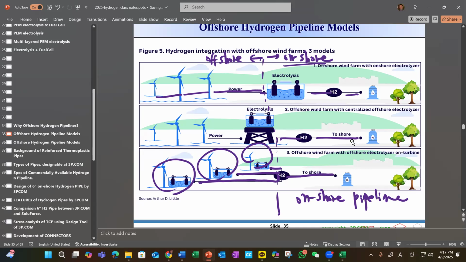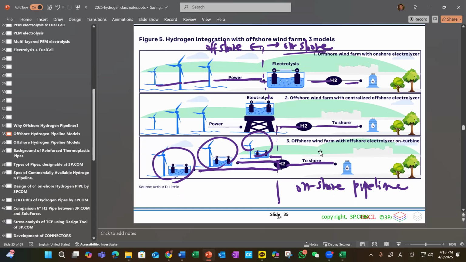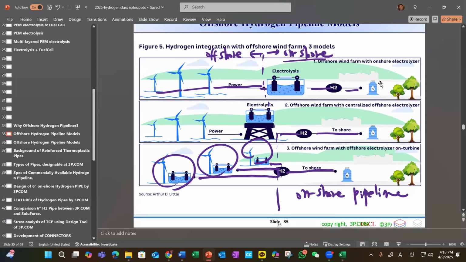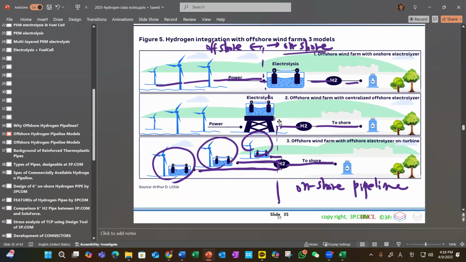It's not a complicated concept, but we understand there can be several different hydrogen pipeline models. There is the onshore electrolyzer, the offshore electrolyzer at each turbine, and the centralized offshore electrolyzer.